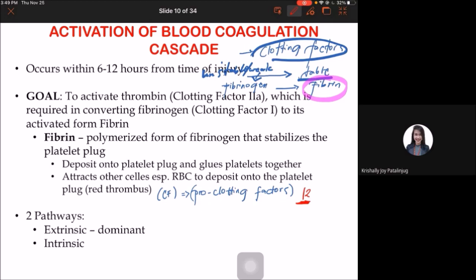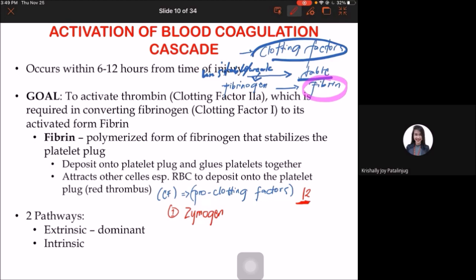Now with that, please take note, we have two forms of clotting factors. Number one, the inactive clotting factors, which are termed zymogen. Okay, zymogen.